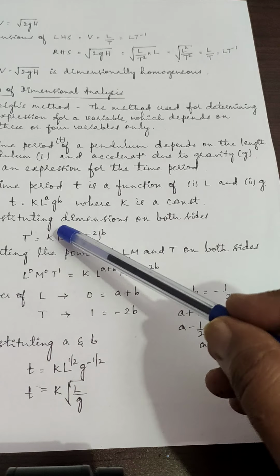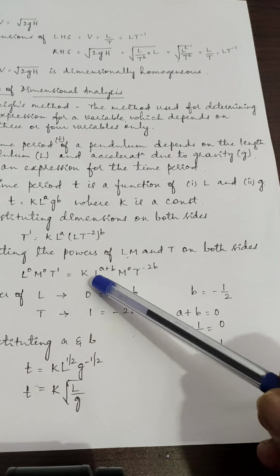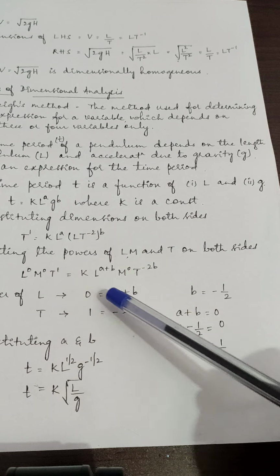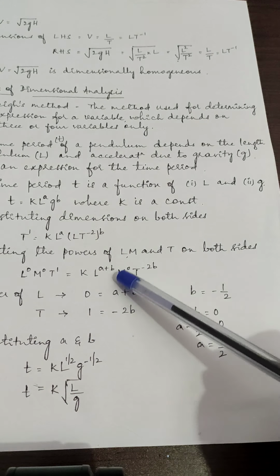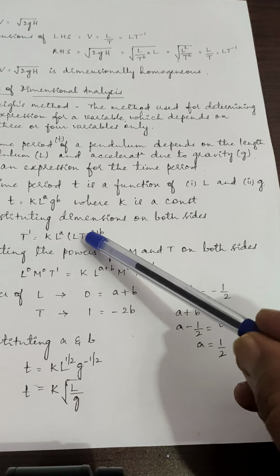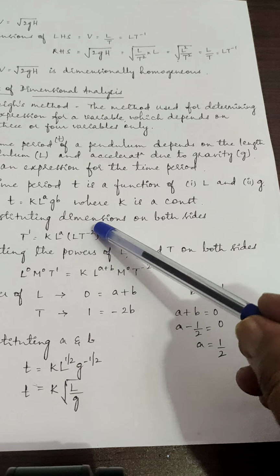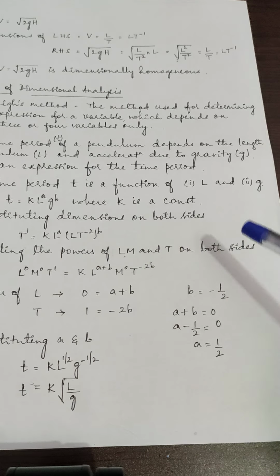So it is L to the power of a into L to the power of b, which becomes L to the power of a plus b. For M, we don't have anything on the right hand side, it is m to the power of 0. Then t has the power of t to the power of minus 2 to the power of b, so it is finally t to the power of minus 2b.